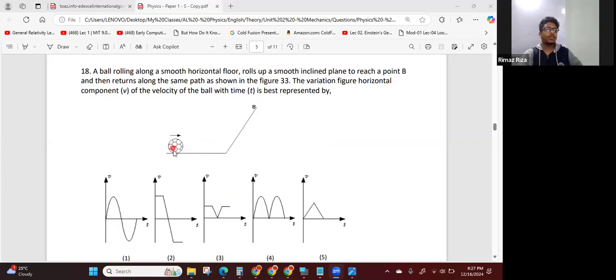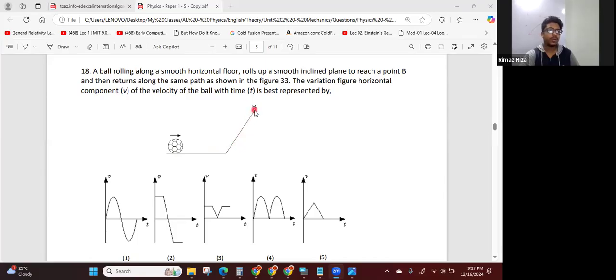Okay, now we know that during this horizontal motion, the velocity is definitely constant, right? So therefore, the first one won't come, the fourth one won't come, the fifth one won't come. So it could be either the second one or the third one. Then when it moves up to B, the horizontal component of velocity will decrease to 0.